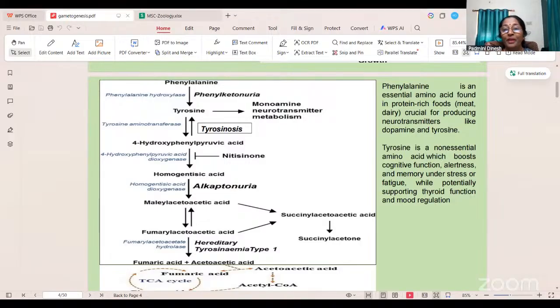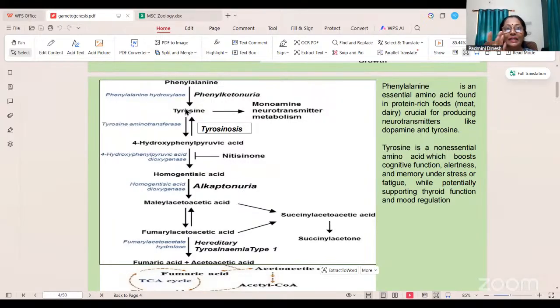That is dopamine. Now tyrosine is also an amino acid, but it is a non-essential or conditionally essential amino acid. Now, what is the function of this non-essential amino acid tyrosine? Phenylalanine is metabolized to tyrosine. Tyrosine is the one that gives cognitive alertness.